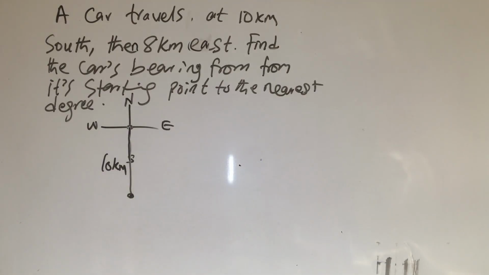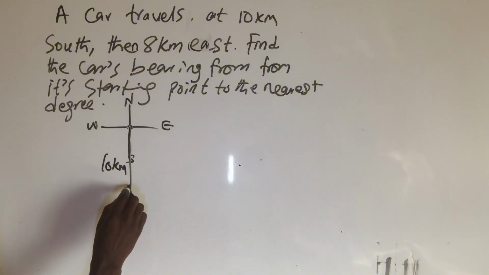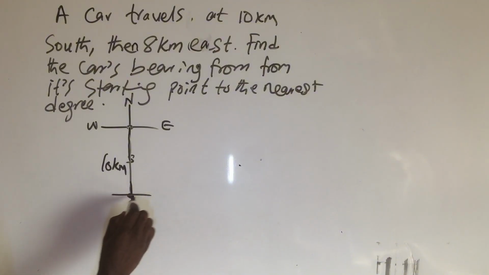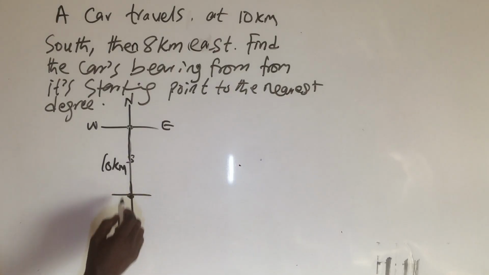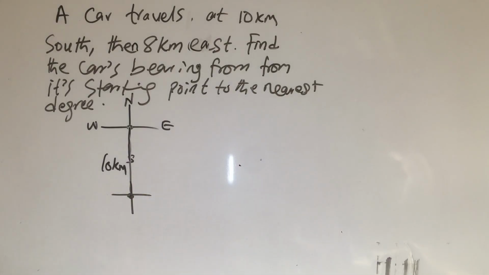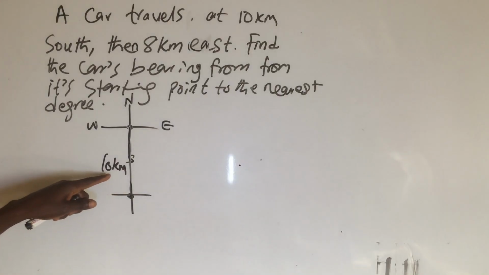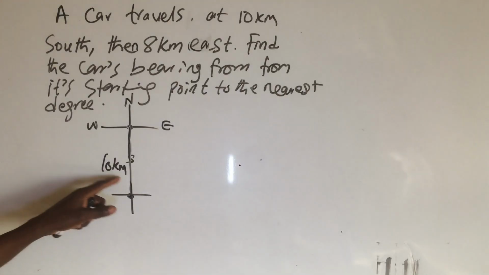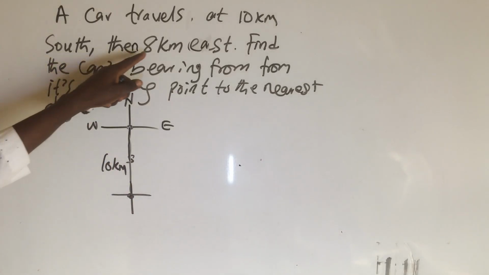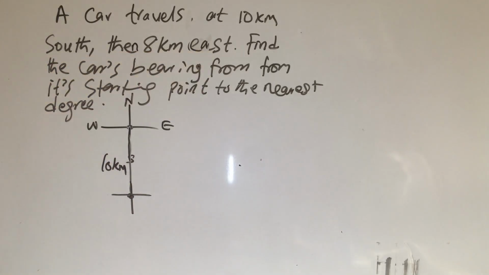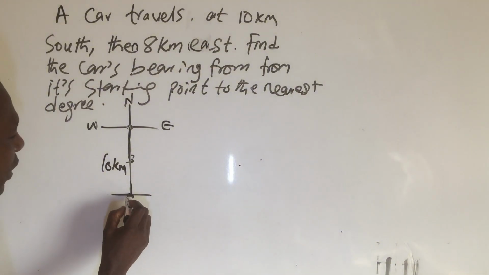When it stops here, we still have our four cardinal points: east, west, north, and south. Now, after it has traveled 10 kilometers, the question says it then moves 8 kilometers to the east. We now move 8 kilometers to the east.